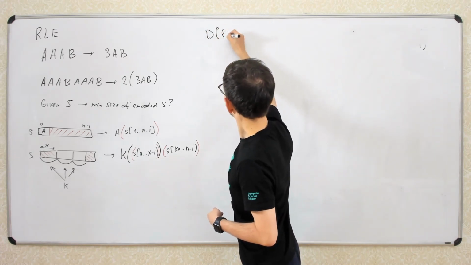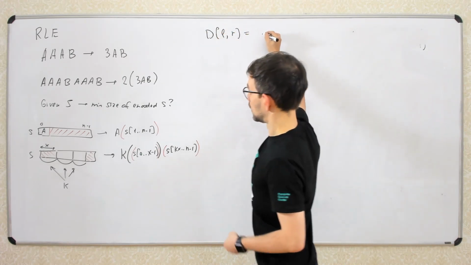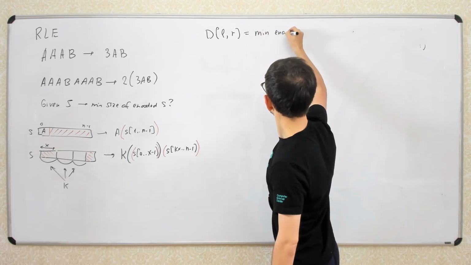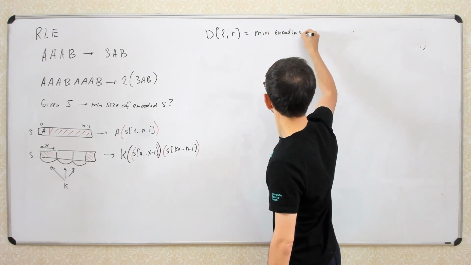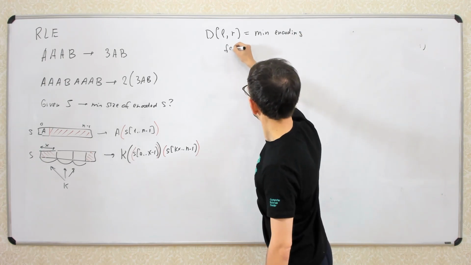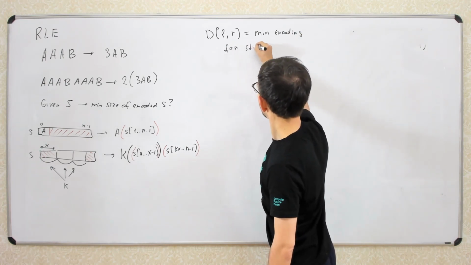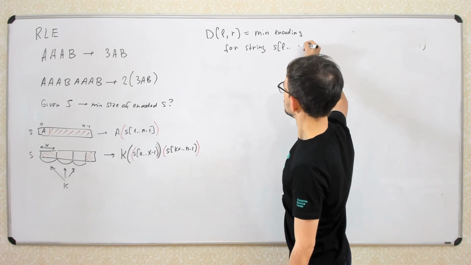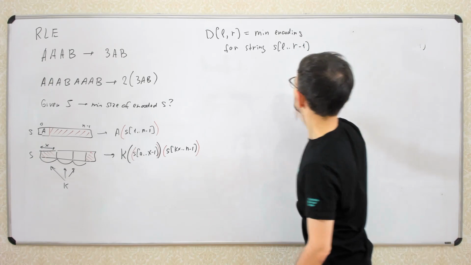Let the value for L to R be the minimal encoding for string S from L to R minus 1.